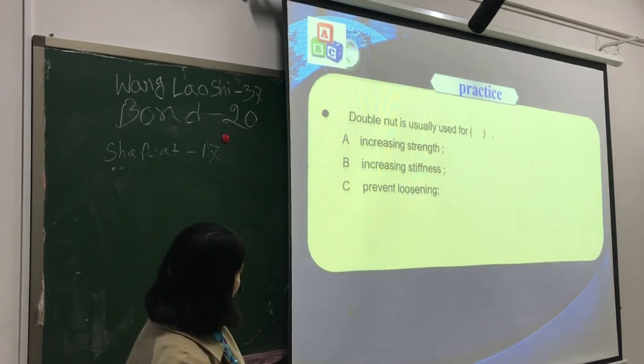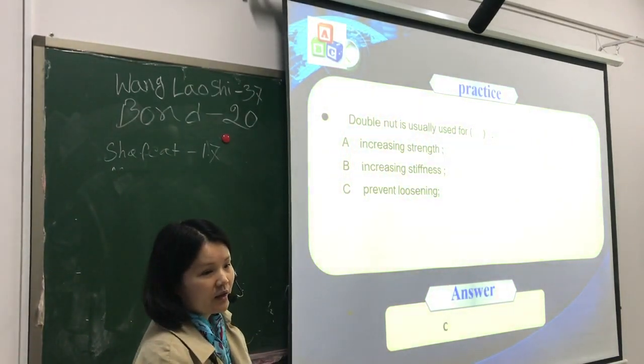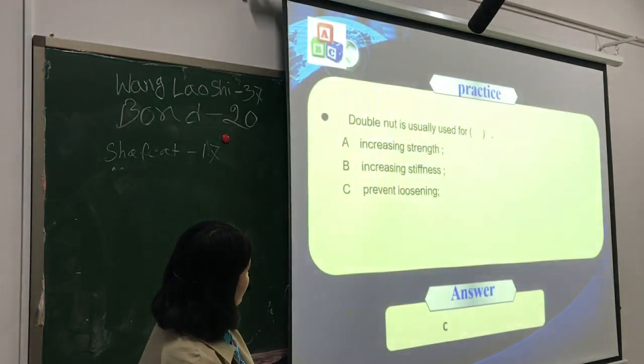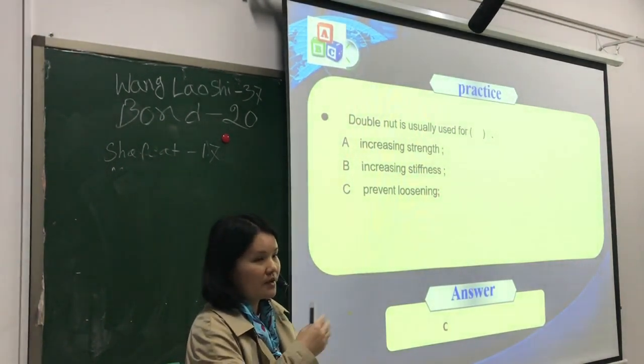We choose C, preventing loosening, because the double nut can increase the friction.